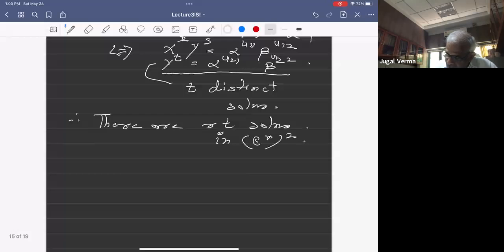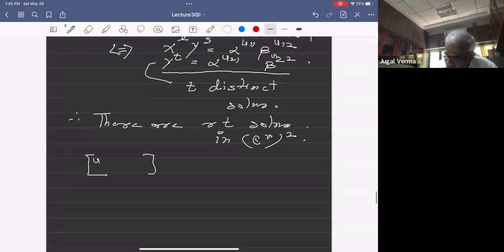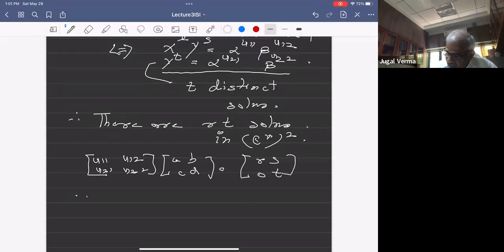But you see, the matrix equation was the matrix U11, U12, U21, U22 times the matrix A B, C D is equal to the matrix R S, 0 T. But this determinant is 1. So I get the determinant of A B, C D is equal to RT.